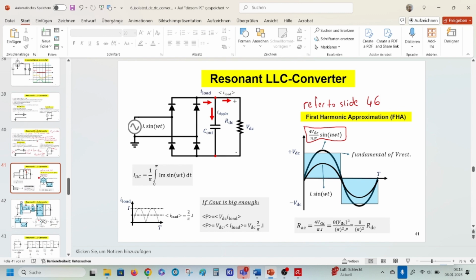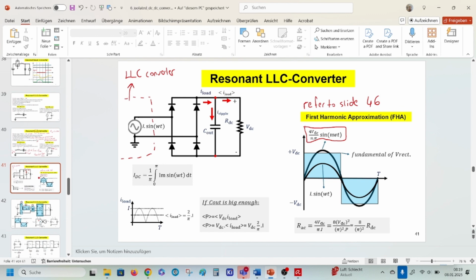This portion of the circuit here is actually my LLC converter, meaning that I connect my LLC converter with a rectifier in order to convert the sine wave to DC voltage.